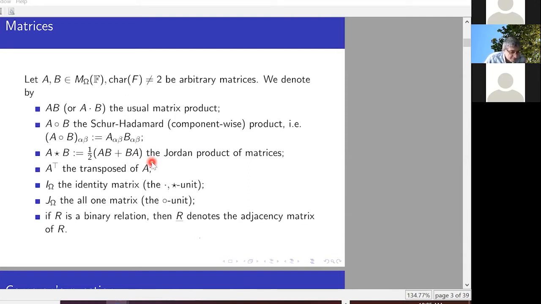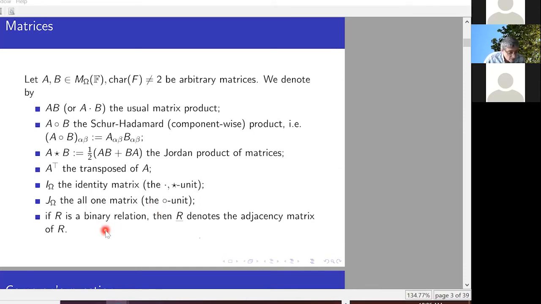Now, the other notations are quite familiar. This is the transposed matrix, this is the identity matrix, and this is the unit with respect to both the standard and Jordan multiplication. We also have this notation for the all-ones matrix, which is the unit for Schur-Hadamard product.